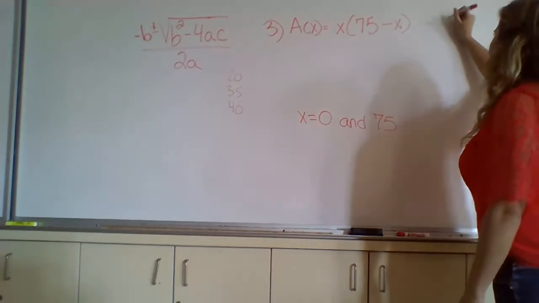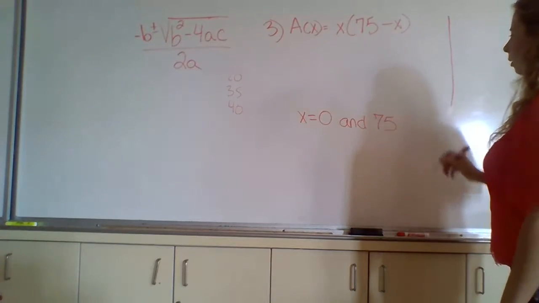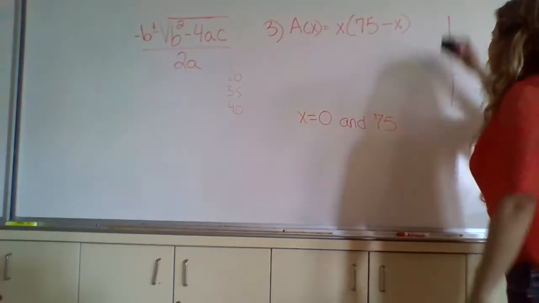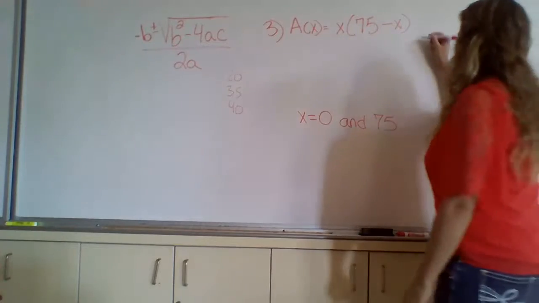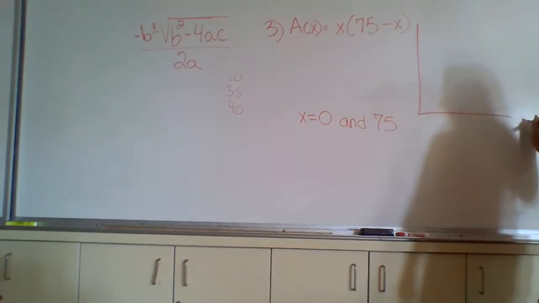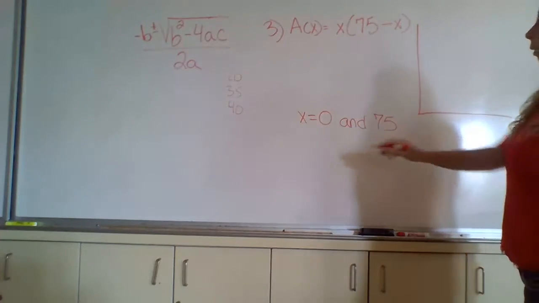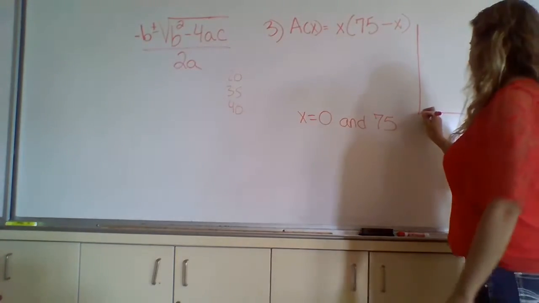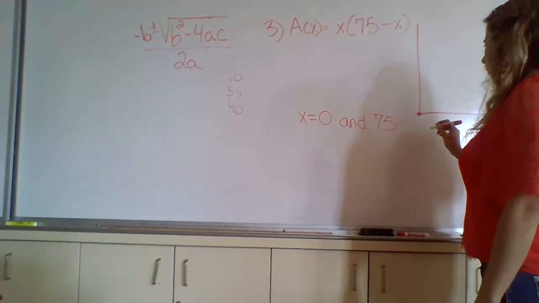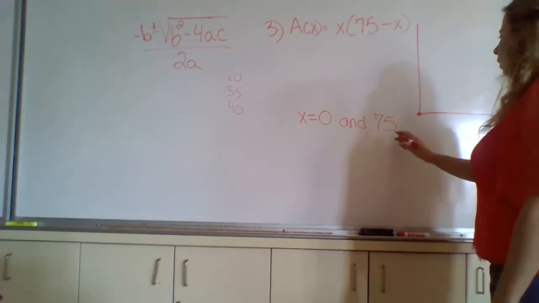If I had a graph of this, except it's 0 and 75. Okay. So x is 0, that's one of my x-intercepts. And then 75 is my other one.